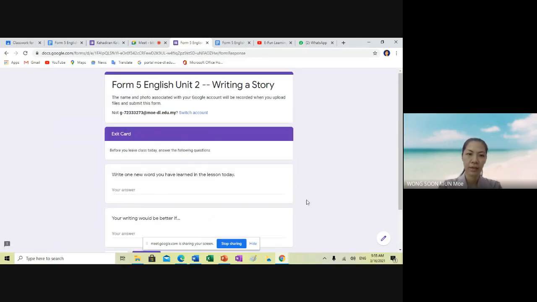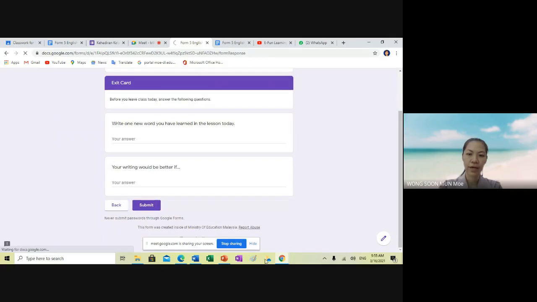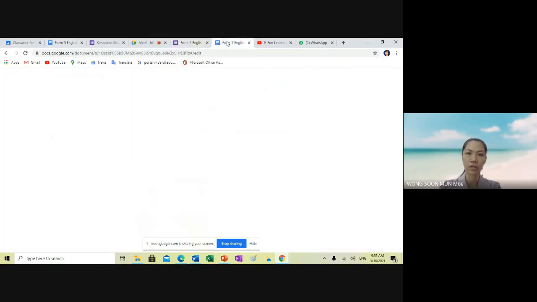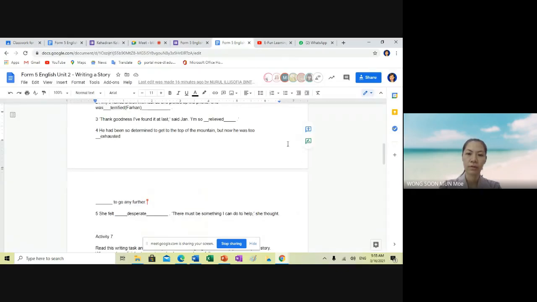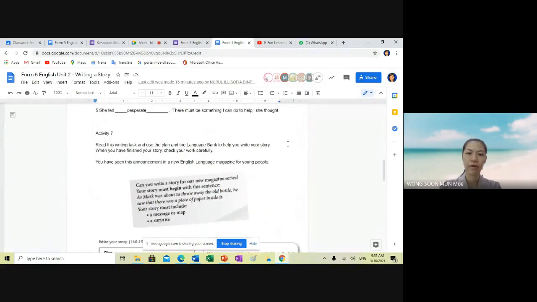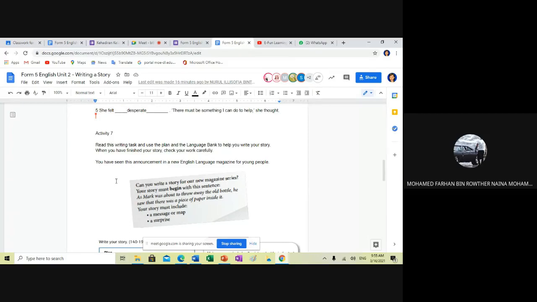Now you go back to the Google Doc from just now. For activity 7, the writing task is in the Google Doc. Is everyone here in the Google Doc now? Activity 7. Yes.